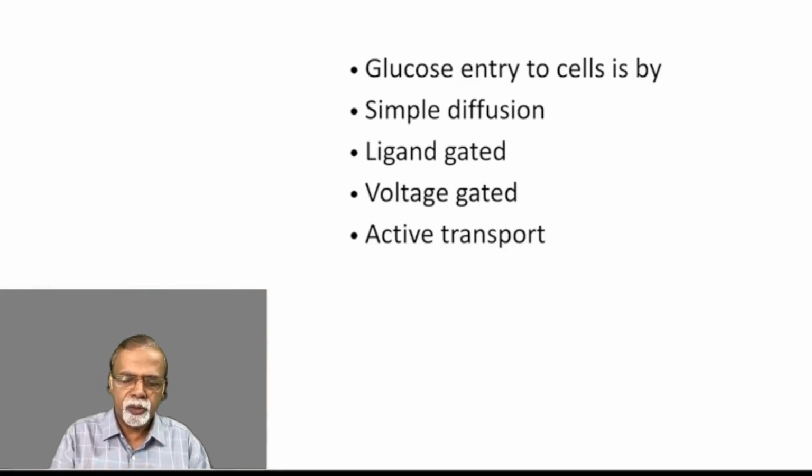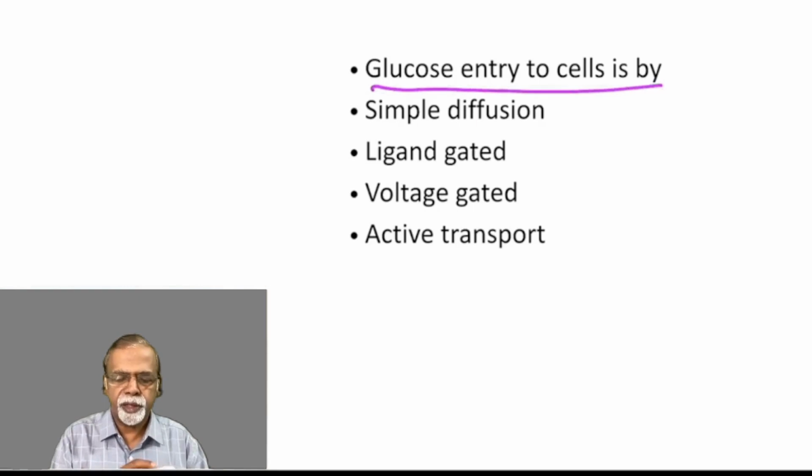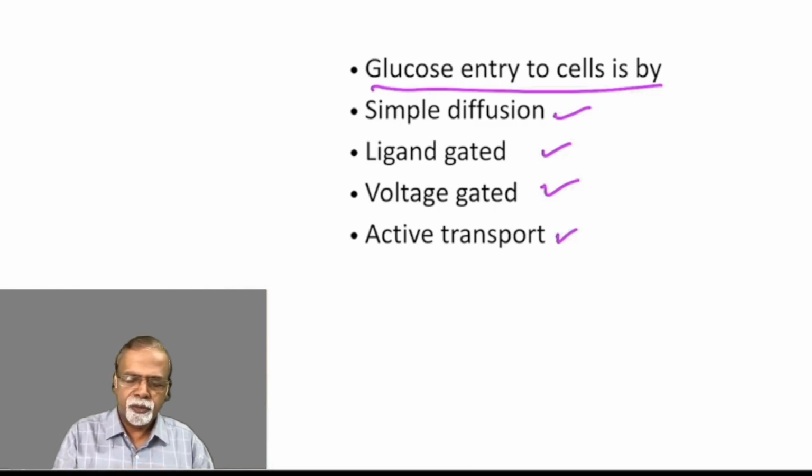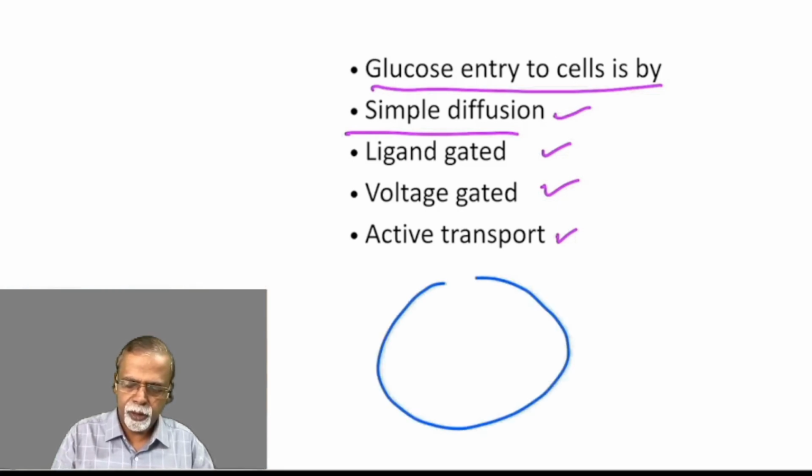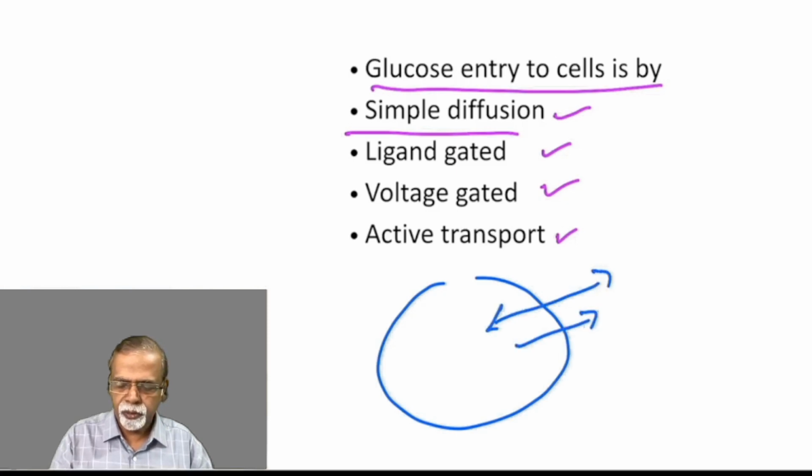Next question: glucose entry into the cell is by option A, simple diffusion, ligand gated, voltage gated, or active transport. Which is the correct answer? Of course, it's not simple diffusion, because simple diffusion occurs only for smaller materials like oxygen or carbon dioxide.